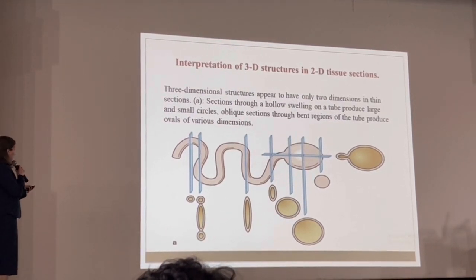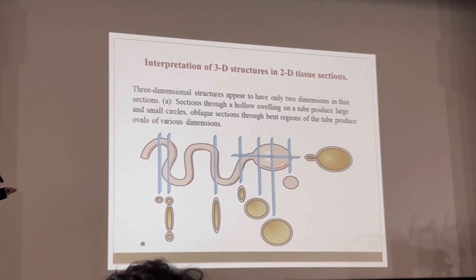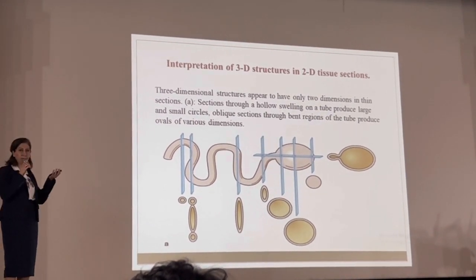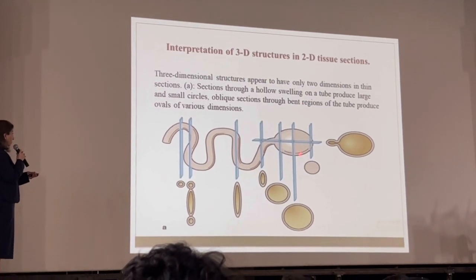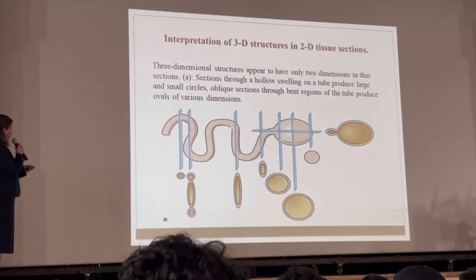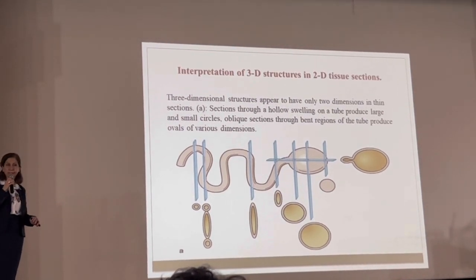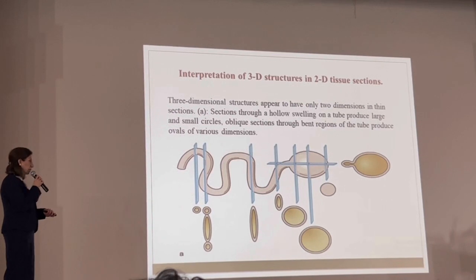For example, here we have a section through a hollow swelling. This is a hollow organ, with a cavity inside. It's empty from inside. So this hollow swelling or circular structure, or a tube-like structure, for example a part of the alimentary canal or the GI tract, is hollow, empty inside.